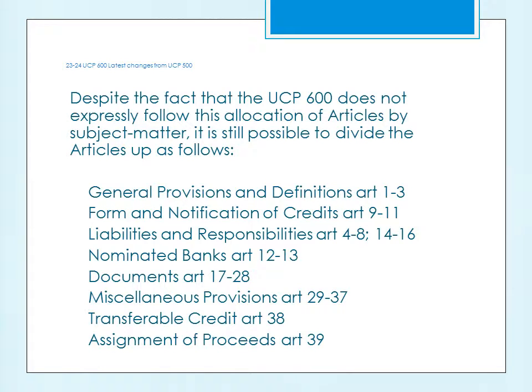Despite the fact that the UCP 600 does not expressly follow this allocation of articles by subject matter, it is still possible to divide the articles up as follows: General Provisions and Definitions, Article 1st to 3rd; Form and Notification of Credits, Article 9th to 11th; Liabilities and Responsibilities, Article 4 to 8 and 14 to 16; Nominated Banks, Article 12-13; Documents, Article 17-28; Miscellaneous Provisions, Article 29 to 37.